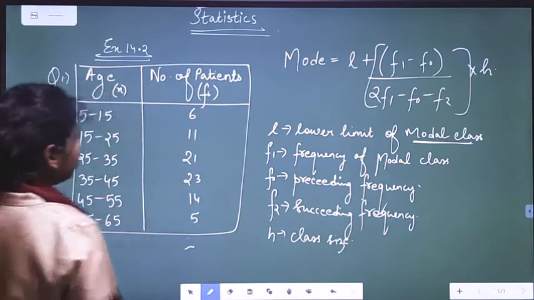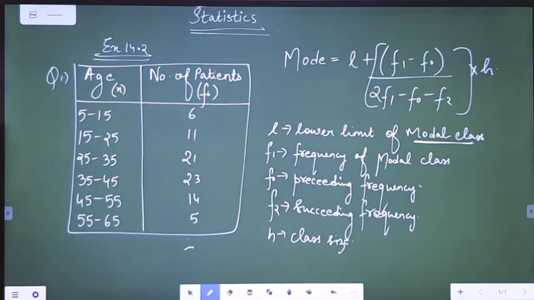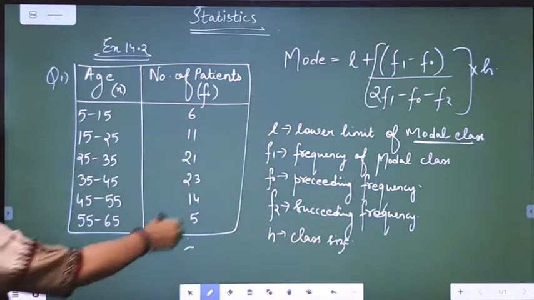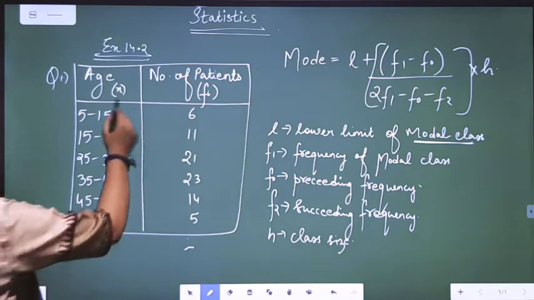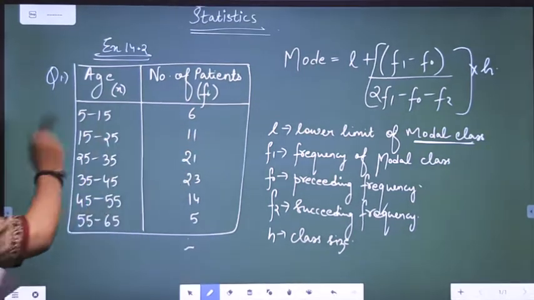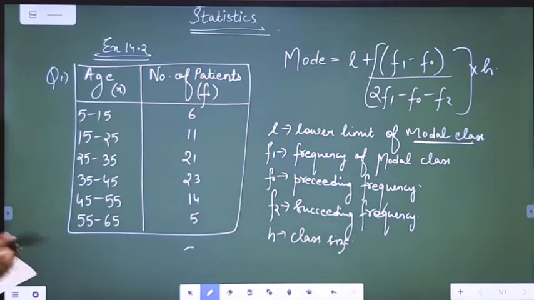We have question number 1 from exercise 14.2. This is the table given to us in the question. The question says that the following table shows the ages of patients admitted in a hospital during a year. So these are the ages of the patients and the number of patients corresponding to these ages admitted within a year.